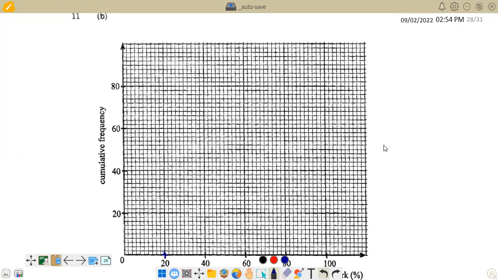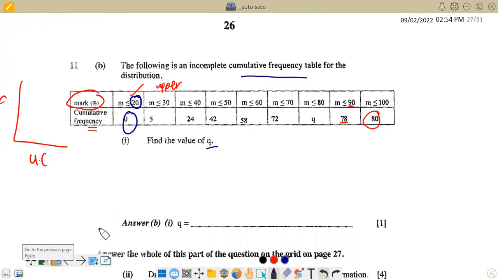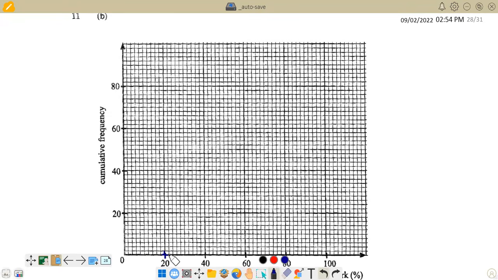Okay. So let's see the other class that we have got. Okay, so this is 30 versus 5. So we're going back and mark where we've got 30 and 5. So this is 30, in between 20 and 50, and 5. So we're going to count 1, 2, 3, 4, 5.